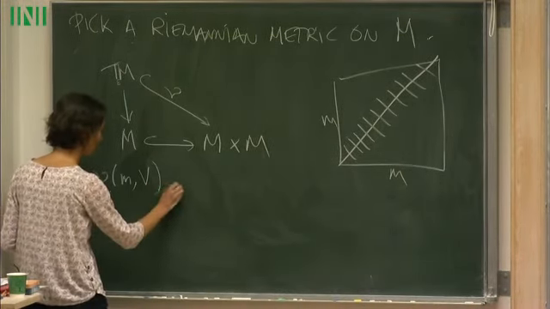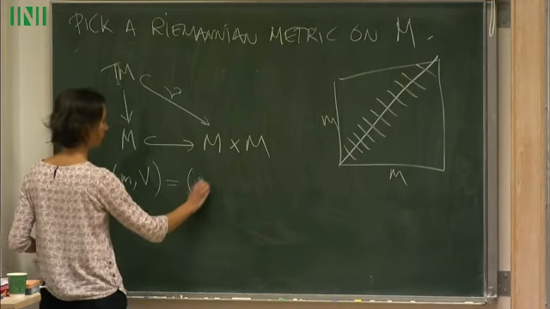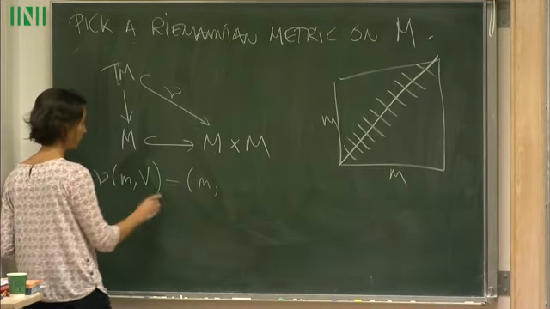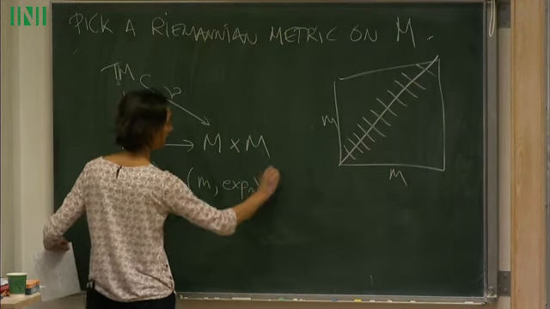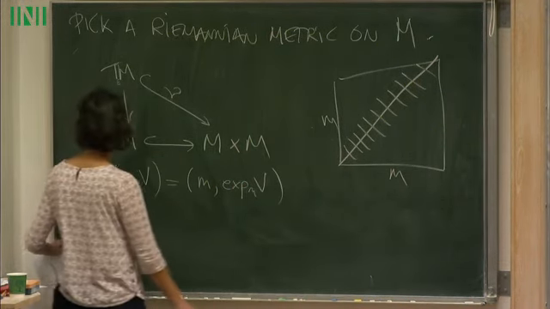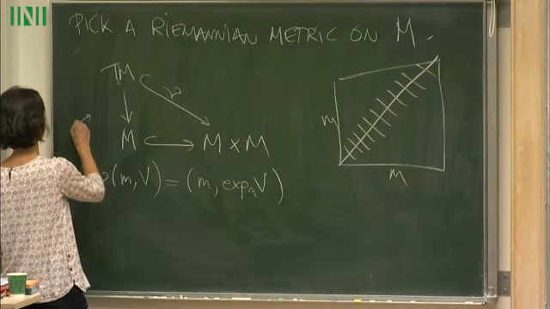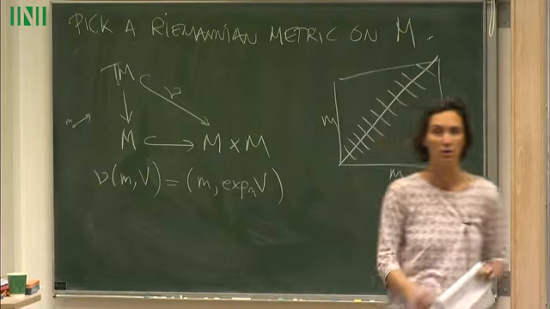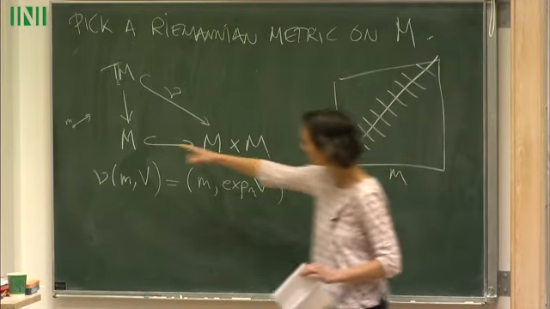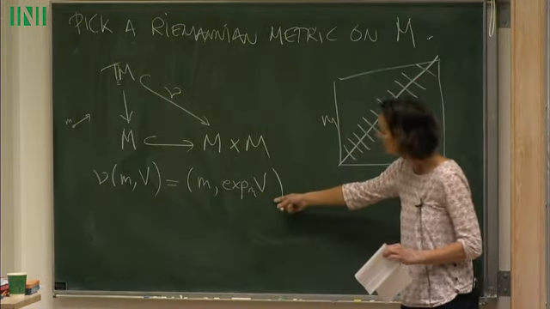I define this to be the point M, I keep the point I used to have, and then I exponentiate at M the vector, which means I have my point and my vector, and I just push. I create a new point by pushing along the vector, following the geodesic.